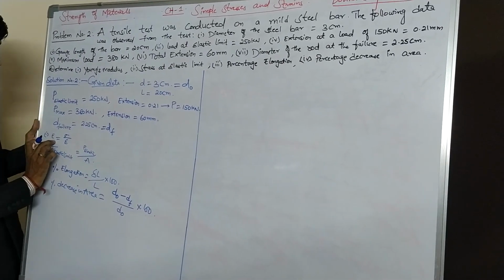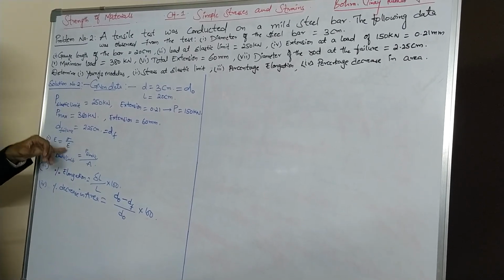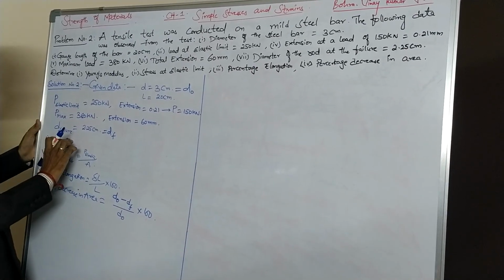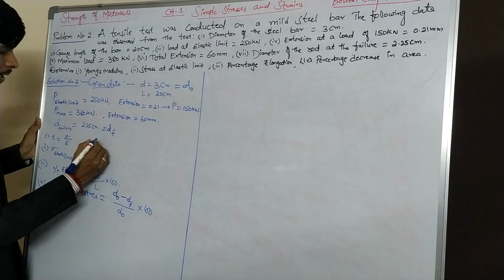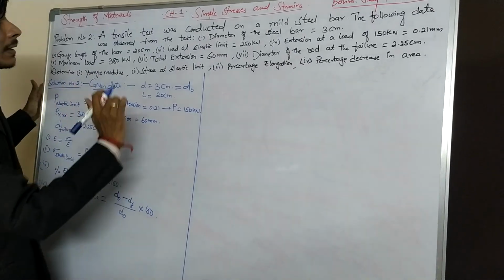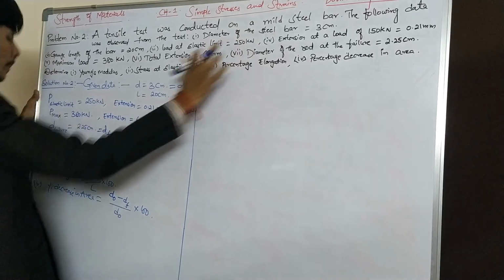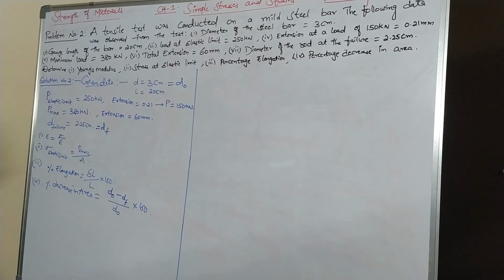First one is Young's modulus. For Young's modulus, the formula is stress by strain. We know the stress is load by area. Understand carefully. The load at elastic limit he has given, but extension at elastic limit is not given.